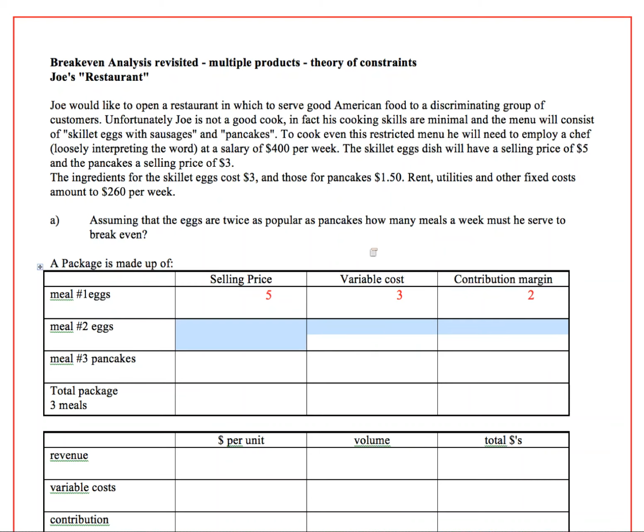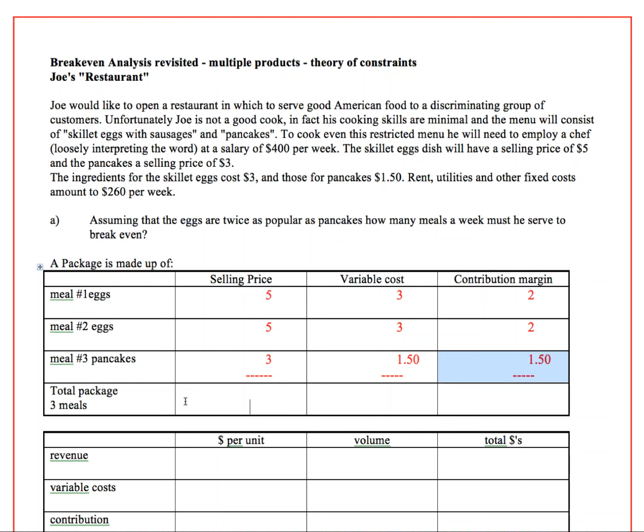And again, in this package, the second meal is exactly the same. So again, selling price of $5, variable cost of $3, contribution margin of $2. And then there's the pancake meal, which we're told has a selling price of $3, and the variable costs of the pancakes was $1.50. And so the contribution margin coming from a meal of pancakes is $1.50.